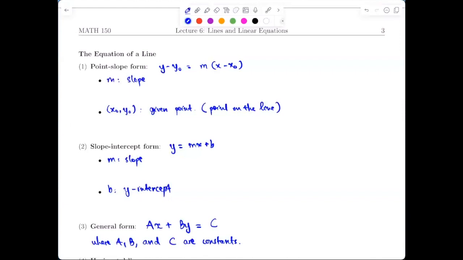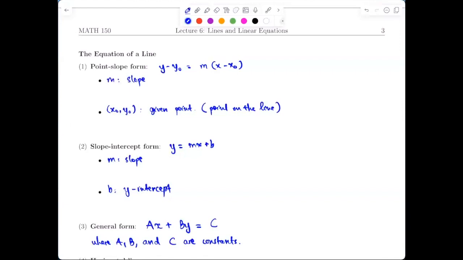Okay, now let's start with the slope-intercept form. If m is equal to 0, in that scenario, you have the horizontal line. Therefore, the equation of a horizontal line is just y equal to the y-intercept. Go with me.